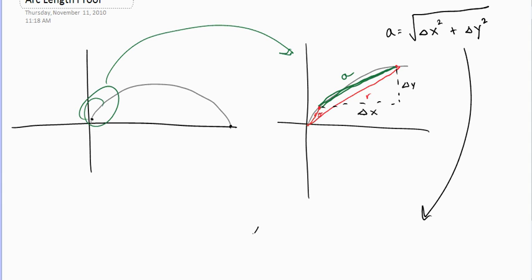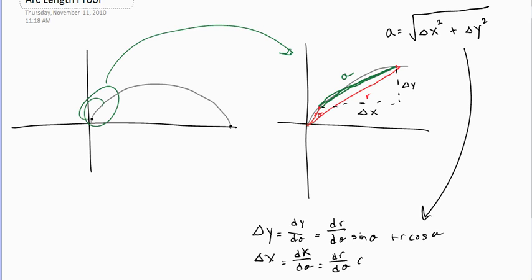We know from previous calculus problems that the change in y, which can also be written as dy d theta, is equal to dr d theta sine theta plus r cosine theta, and that the change in x, which is also written as dx d theta, can also be written in polar as dr d theta cosine theta minus r sine theta.